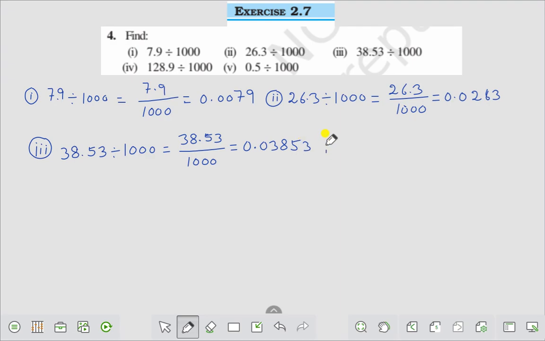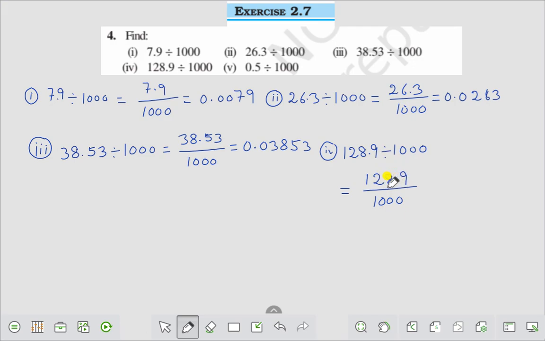Right? Now question number 4. Question number 4 is 128.9 divided by 1000. That will be written as 128.9 divided by 1000. That means you have to shift the point to the left side 3 digits, right?